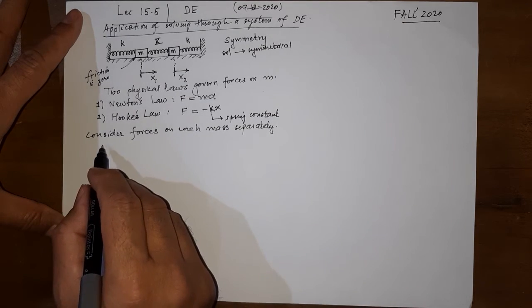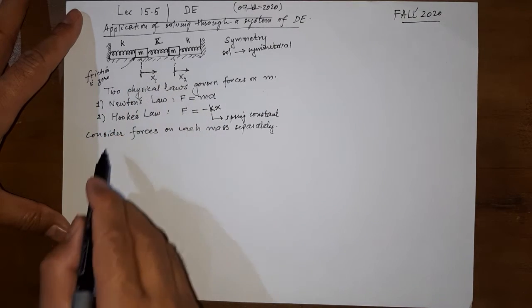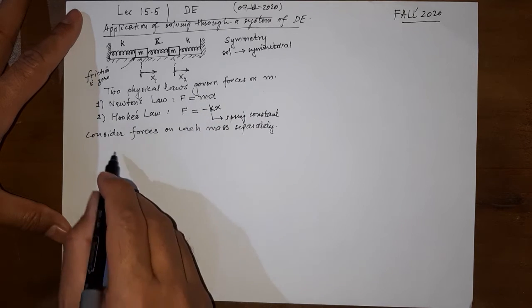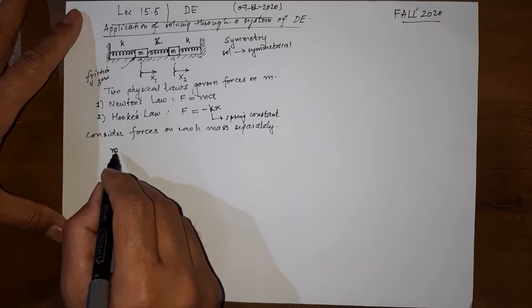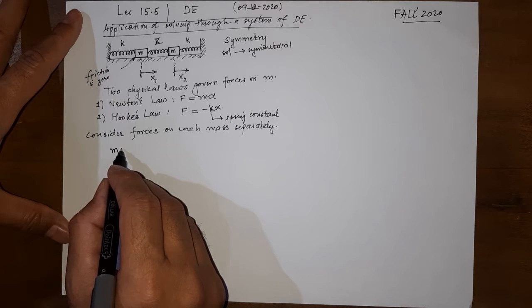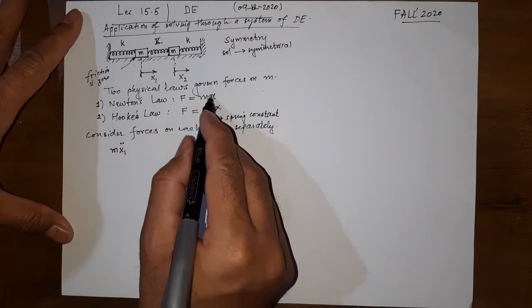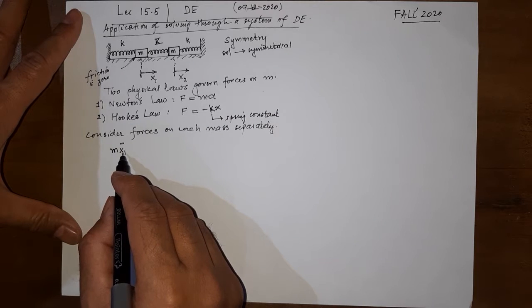So for the first mass, it's moving, so there is a displacement x, and we know Newton's law based force would be acting on it. Because of the motion, it experiences a force m x1 double dot, that is m a. Acceleration is the second derivative of displacement.